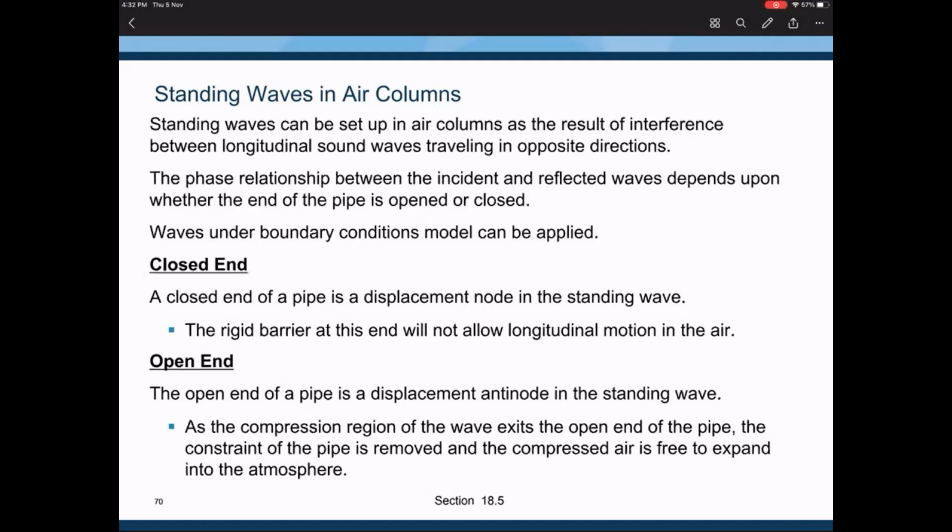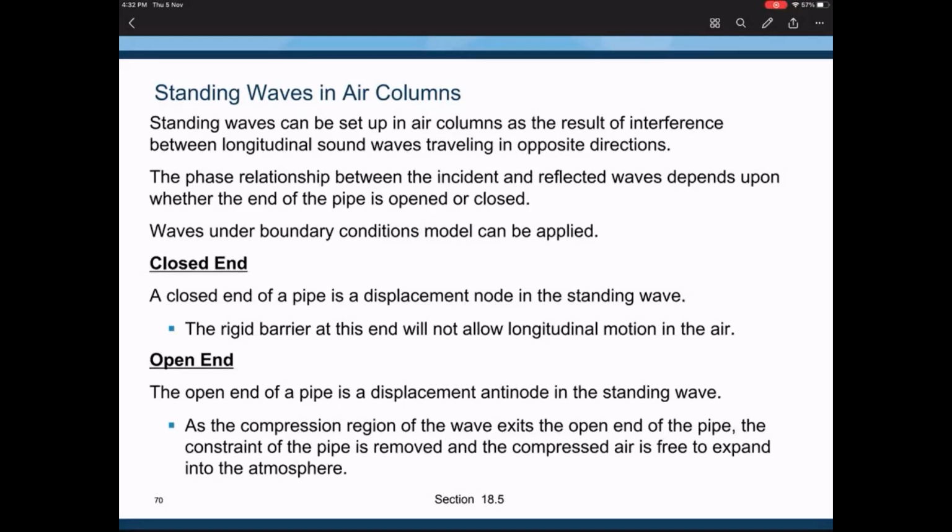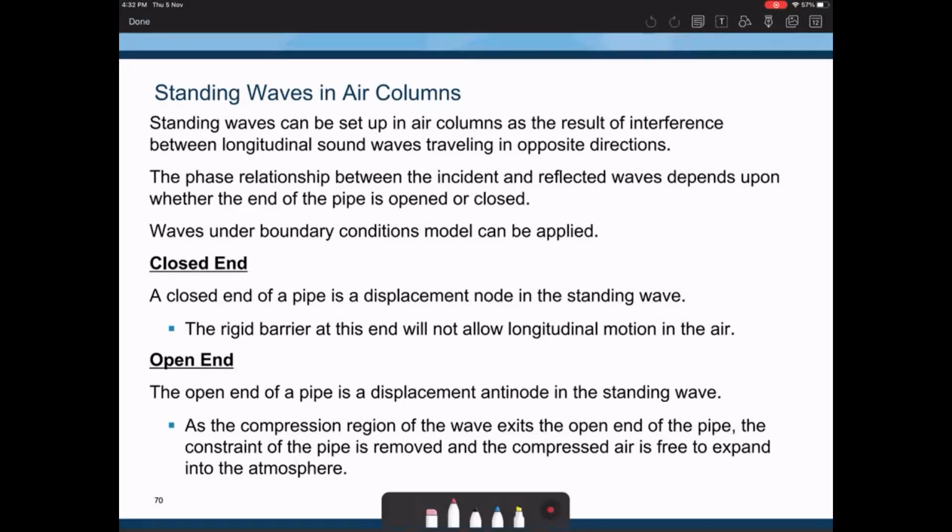You may have, on the other hand, one end of the air column that is closed, but the other end is open. In that way, you could introduce some disturbance, and this would allow the buildup of the standing wave. So you could have an air column that has one end open to air and the other end closed.